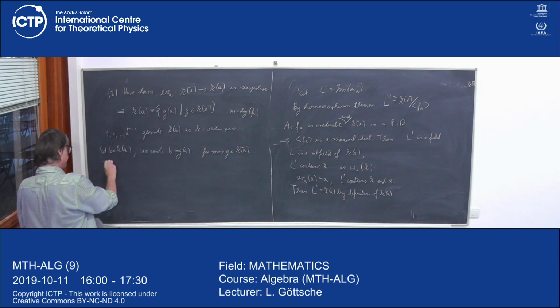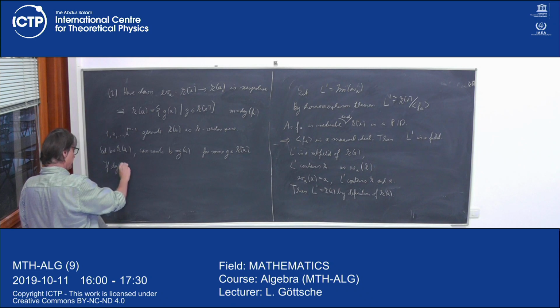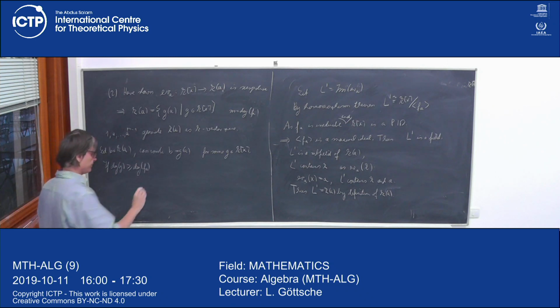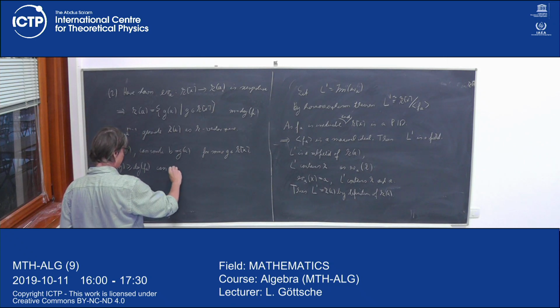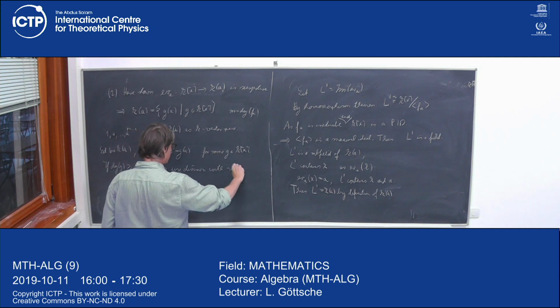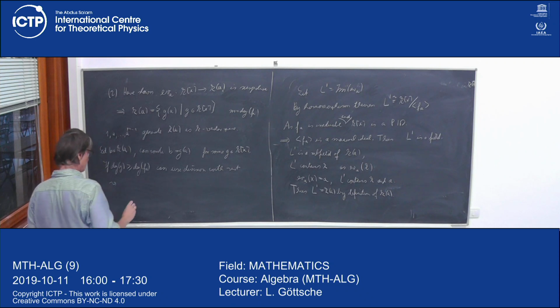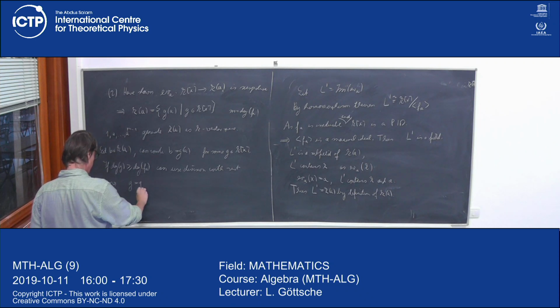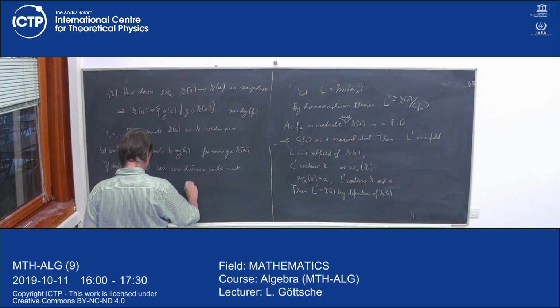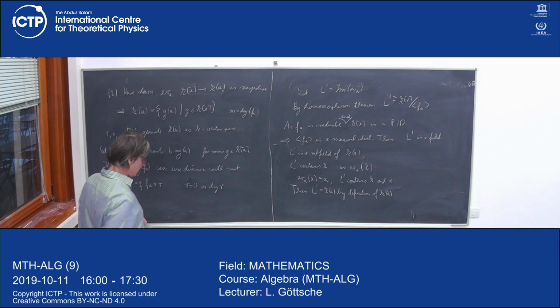So if the degree of g is bigger or equal to the degree of f_a, we can use division with remainder and get that g is equal to q times f_a plus the remainder r, where either r is equal to 0 or the degree of r is smaller than the degree of f_a.